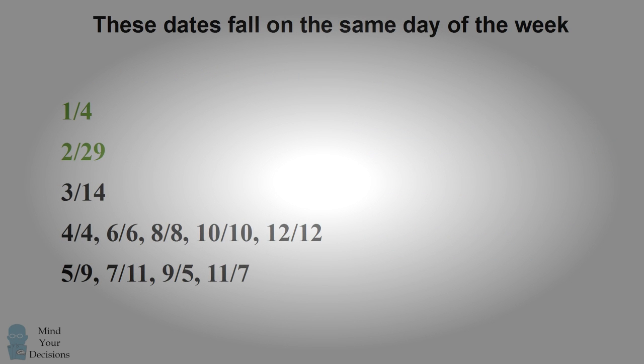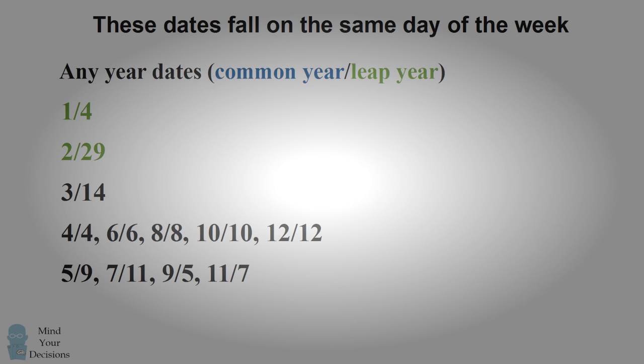Now if you want to extend this method for any other year, there's one slight modification you want to make. The dates 2/29 and 1/4 apply only for leap years. So when you want to calculate using this method in other years, a common year, which is not a leap year, it's going to be 1 day before the days we've given in February and January.